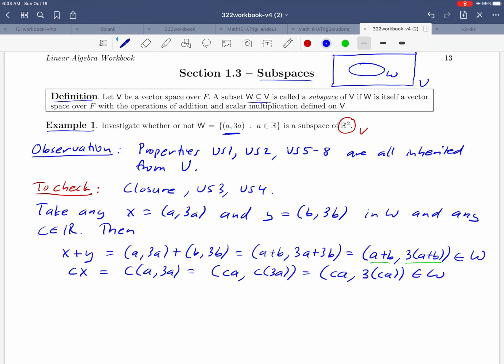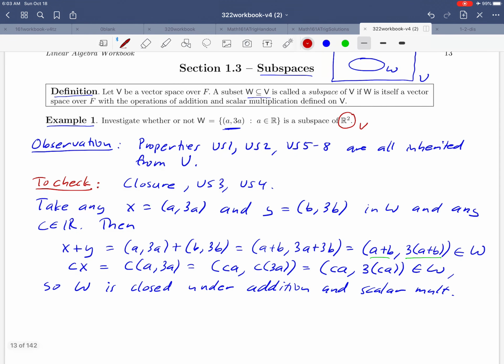And that's what it means to be in W. So we have just proven that W is closed under addition and scalar multiplication. Okay, good. So we have just crossed closure off of our list.